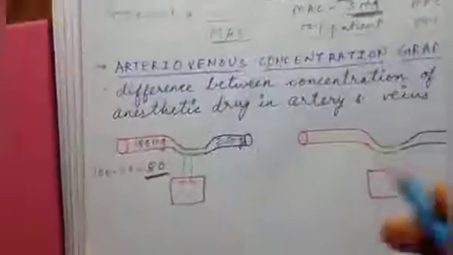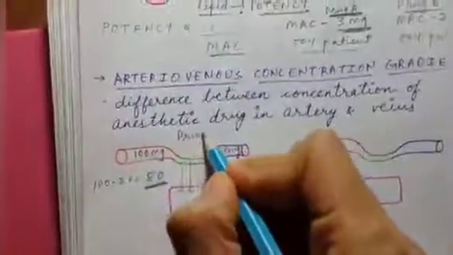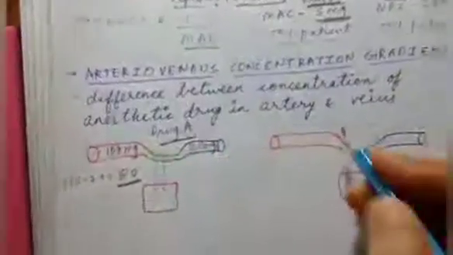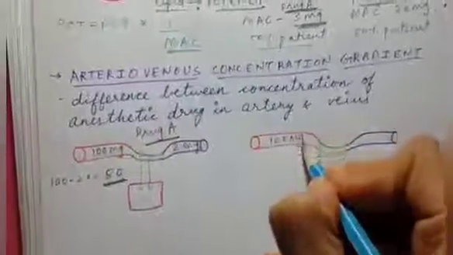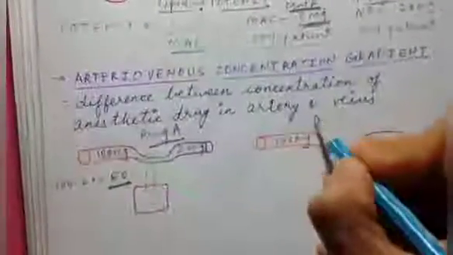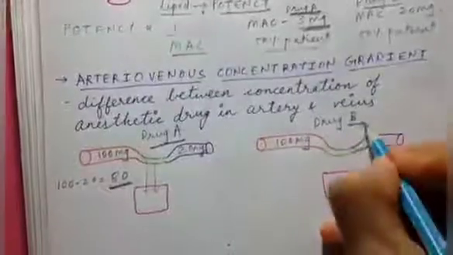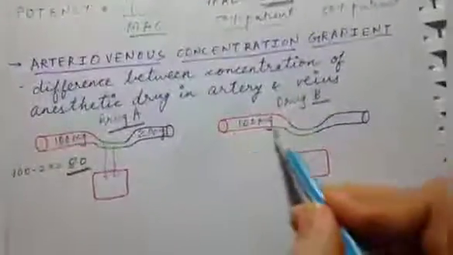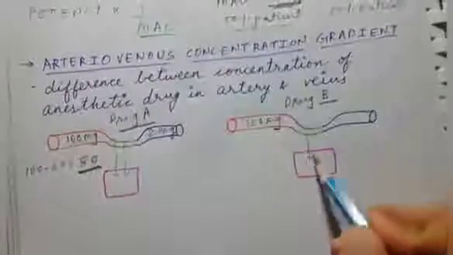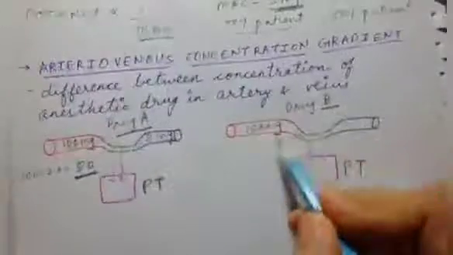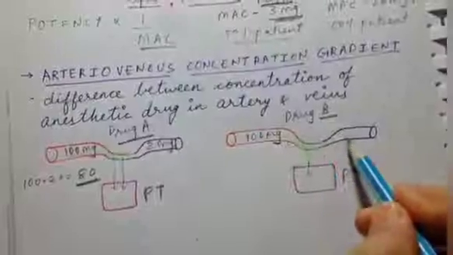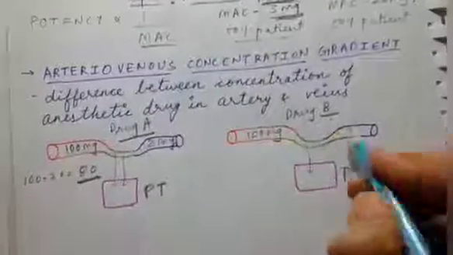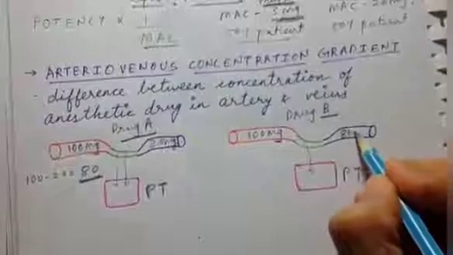Now let's say this is drug A again. In another drug, let's say the concentration of the drug in the artery is 100 milligram. Let's say it is drug B. Again the drug will be taken up by the peripheral tissue. Now when we measure the concentration of drug B in the vein, let's say it is 80. What does it mean?